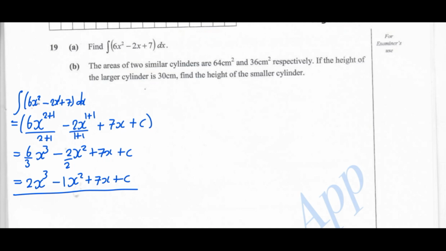Then B, the areas of 2 similar cylinders are 64 centimeters squared and 36 centimeters squared respectively. If the height of the larger cylinder is 30 centimeters, find the height of the smaller cylinder. So we have smaller, we have larger.